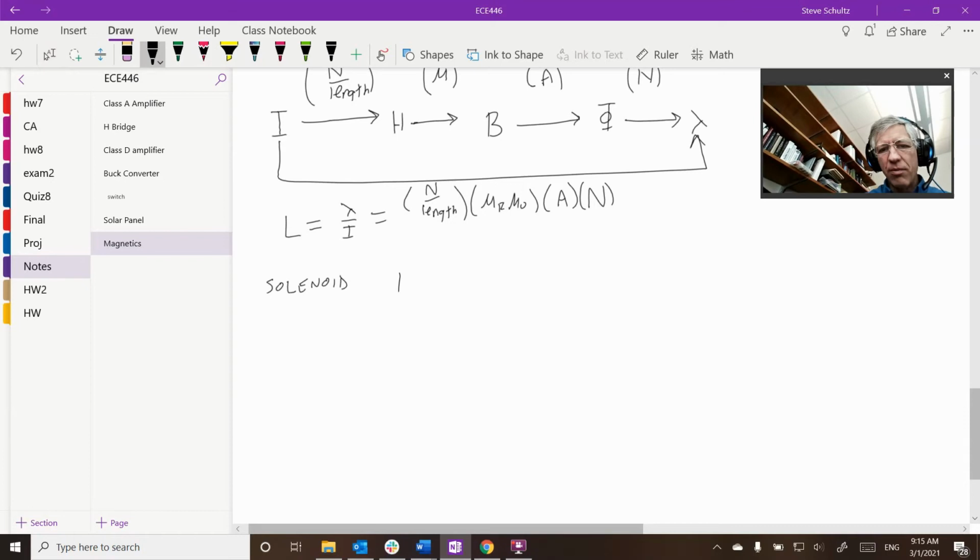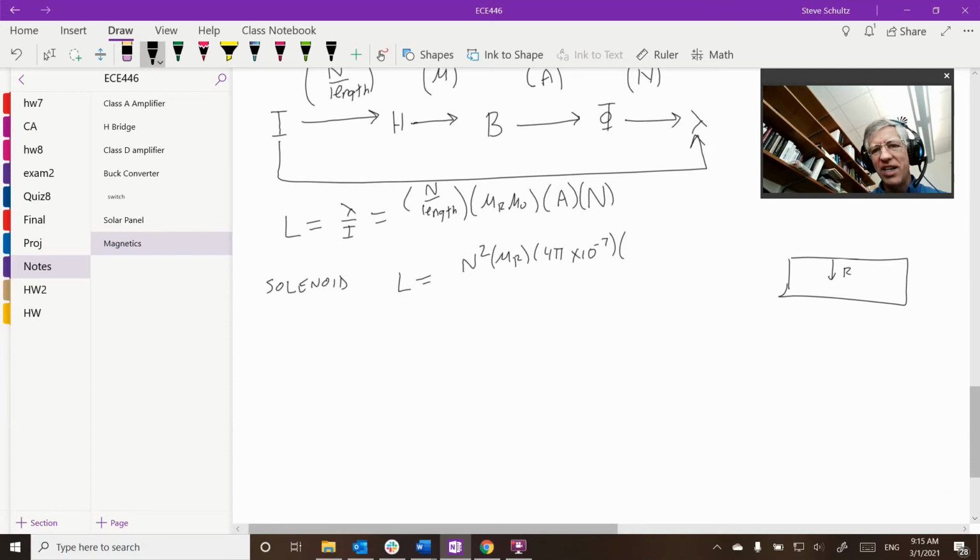Okay, so let's look at it for a solenoid. My inductance is going to be my number of turns squared times mu r times mu naught, which we use 4 pi times 10 to the minus 7, times the area. Here is my solenoid bar, and it is going to have a radius of r.